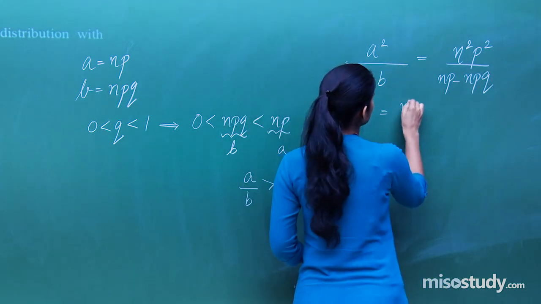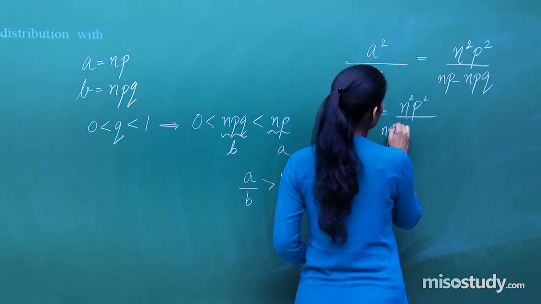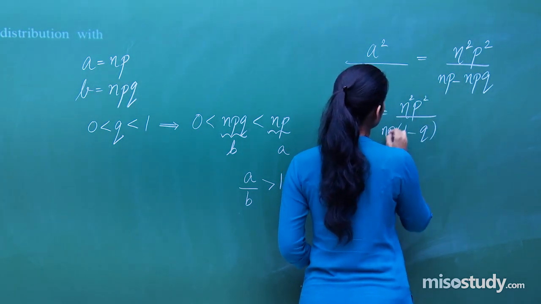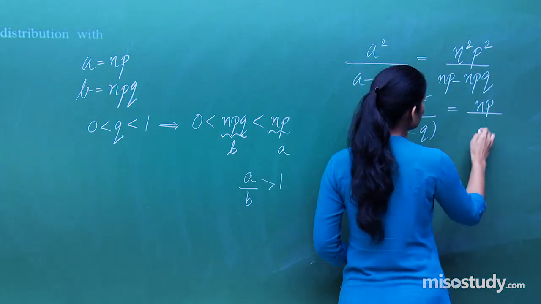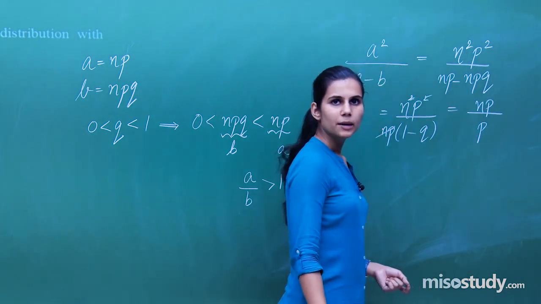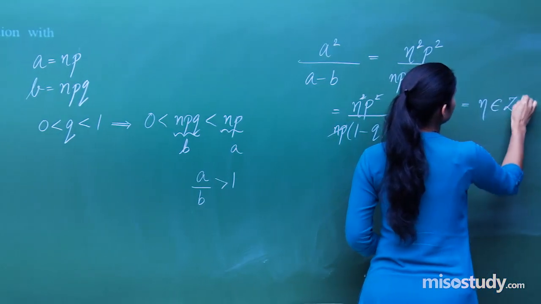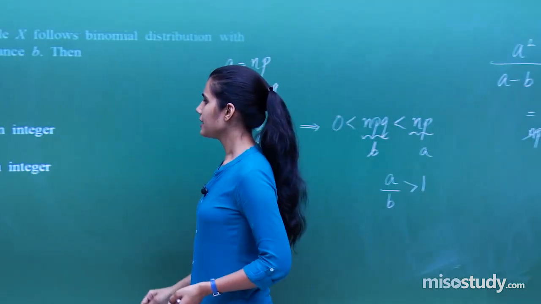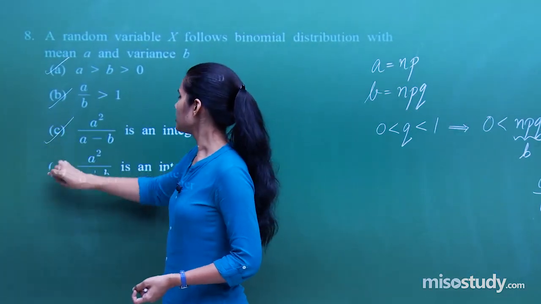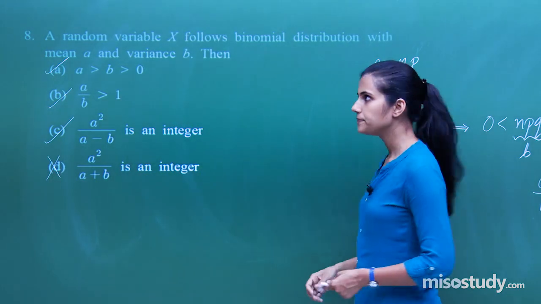So this becomes N square P square, NP common, 1 minus Q. So NP cancels, you have NP upon 1 minus Q, but 1 minus Q is nothing but P, because P plus Q is 1. So you get N, which is definitely an integer. So yes, A square upon A minus B is an integer, and therefore this is not an integer. So the correct options are A, B and C.